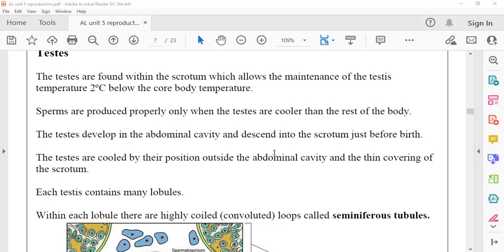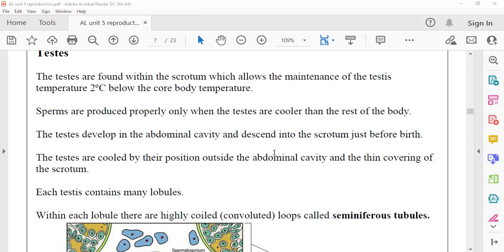When the child is born, just before the birth, near to the birth, the testis will descend into the scrotum. The development site for the testis is the abdominal cavity. In the female, the ovary also will develop in the abdominal cavity. In her, the ovary will not get down, but here the testis will get down very near to the birth.